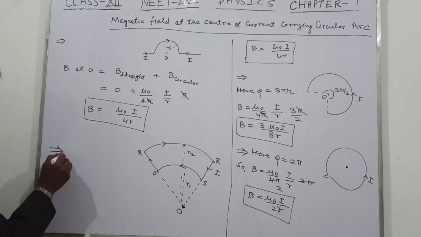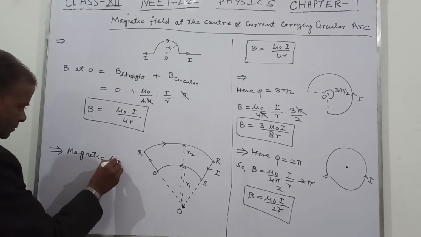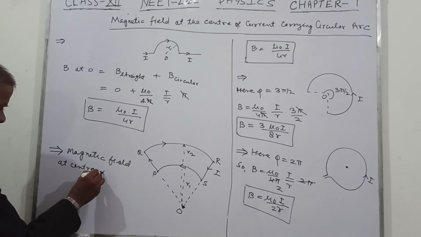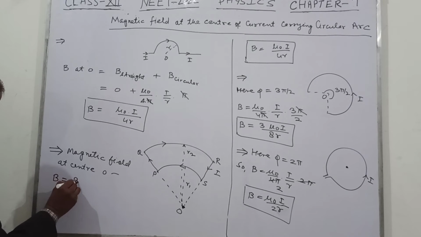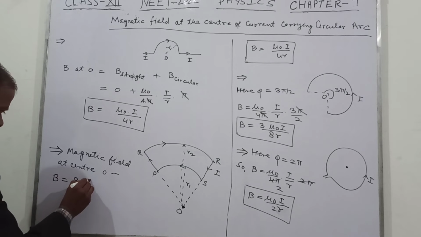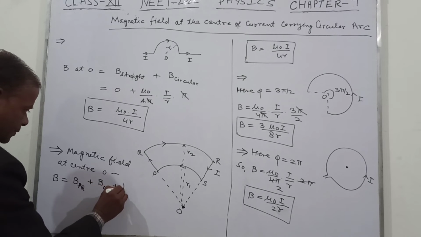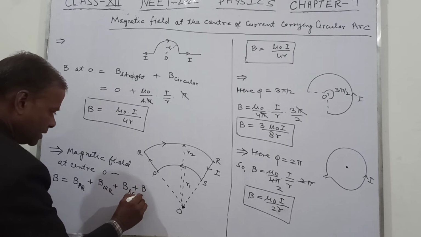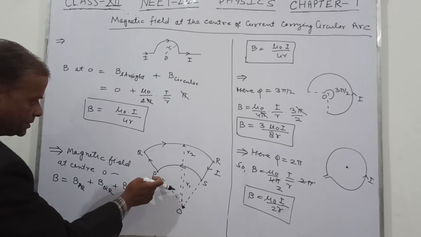So, magnetic field at center O, what we have? B equal to B PQ plus B QR plus B RS plus B SP. All the four parts: this part, this part, this part, and this part.